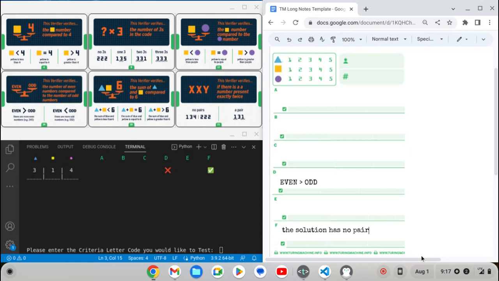And because it has no pair and there are more even than odds, that means that in fact the solution is going to have a 2, a 4, and an odd. Of course, not necessarily in that order, but just stating that since we do have 2 evens and they're not paired up, they are distinctly 2 and 4, and that 3rd digit must be odd.